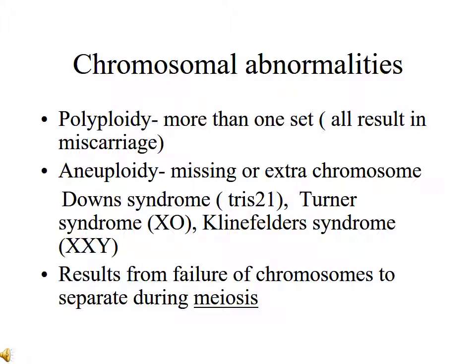When the chromosomes somehow segregate the wrong way, nature has a way of correcting this problem and basically saying that this situation is incompatible with life. As a result, a spontaneous abortion results. Many spontaneous abortions are due to polyploidy.